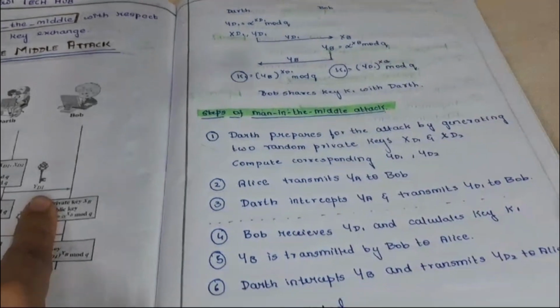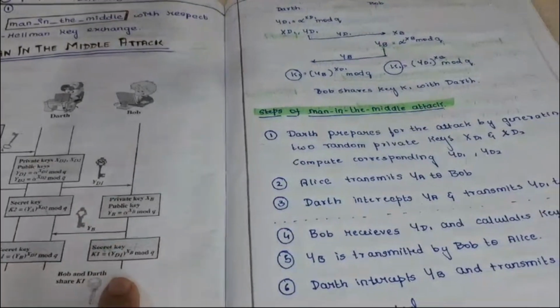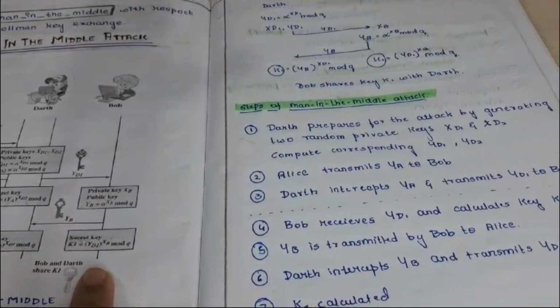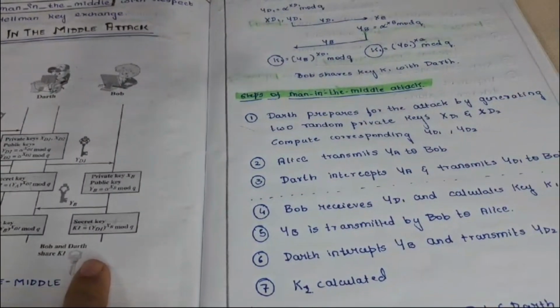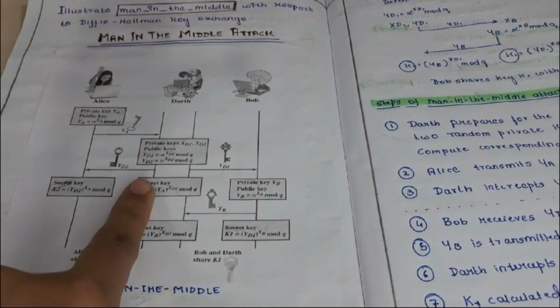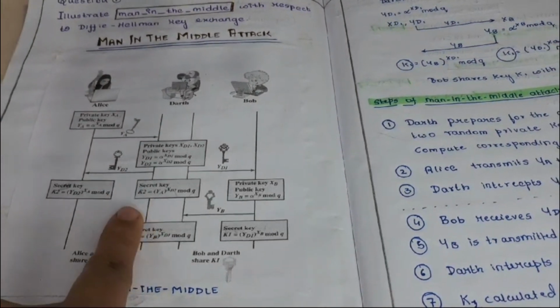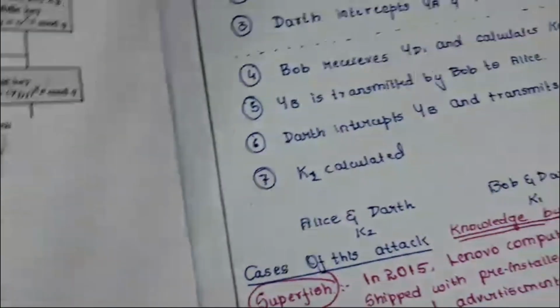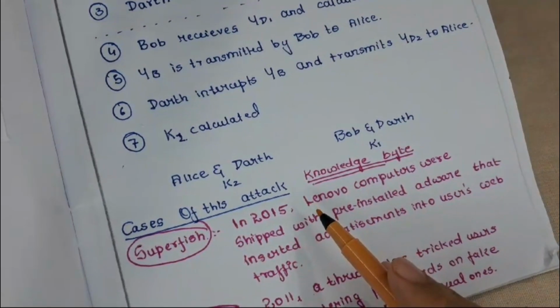Bob receives YD1, calculates his key K1, and YB is transmitted by Bob to Alice. Darth intercepts the YB and he is going to transmit YD2, and they are going to calculate key K2 like this.